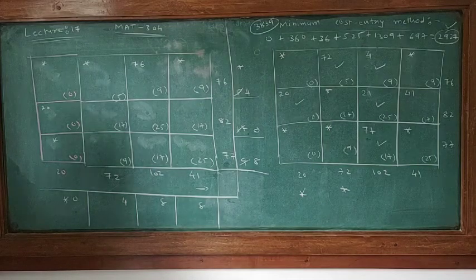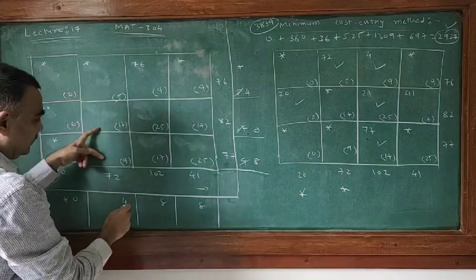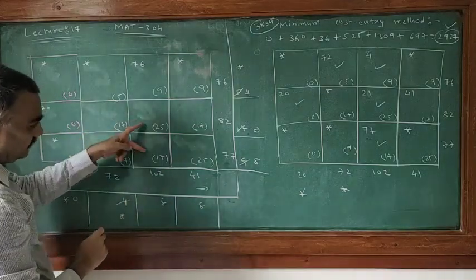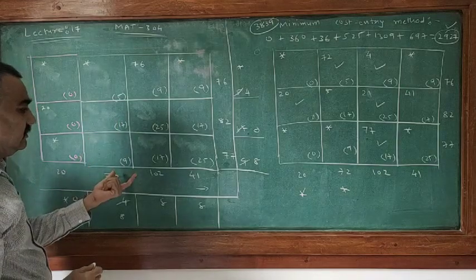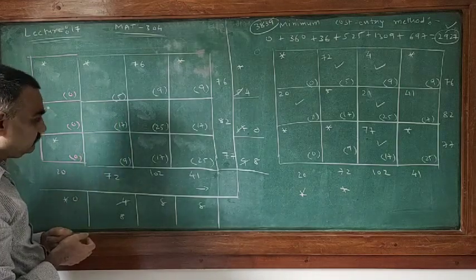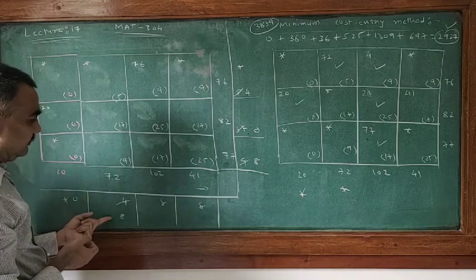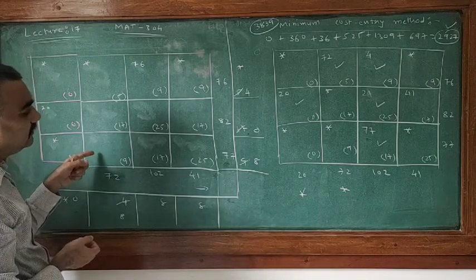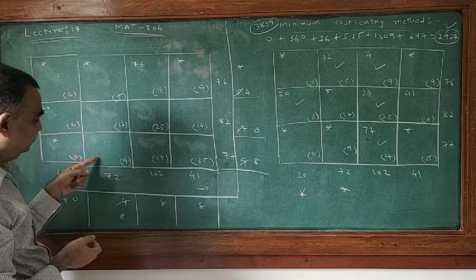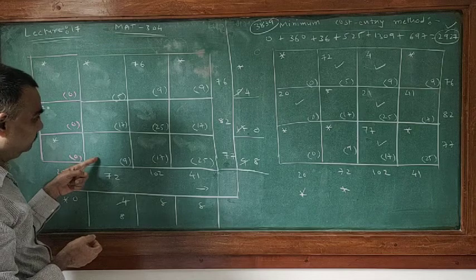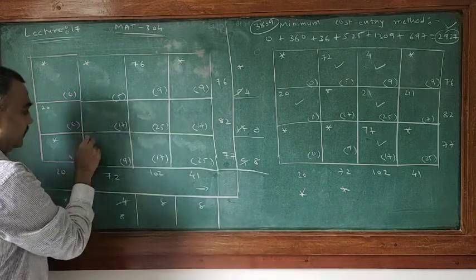Now we calculate again the penalties, and therefore it is 8, 8, 8, 0, 8. So if we use this 8, how much flow can we pass? We can pass 72. Yes, we can.